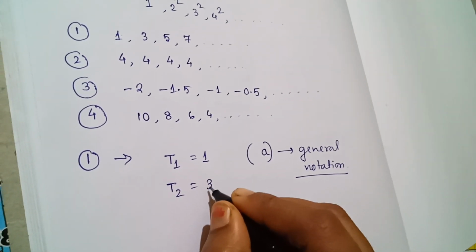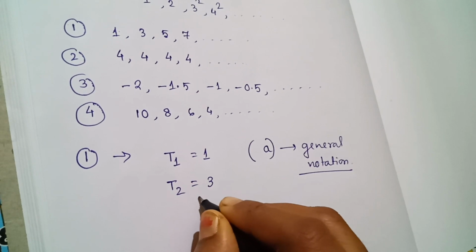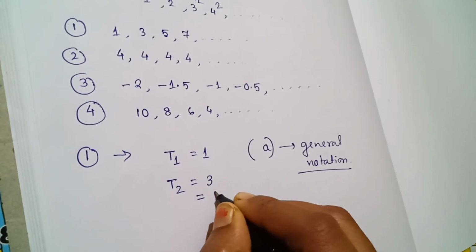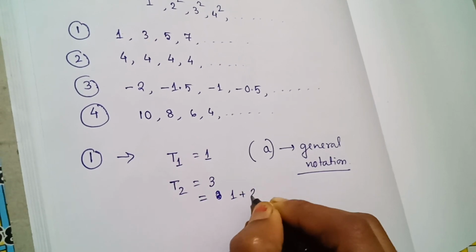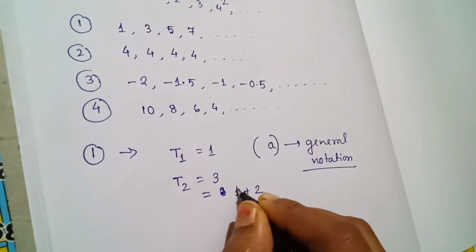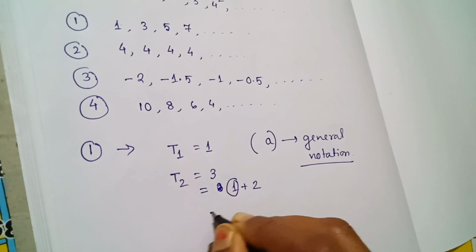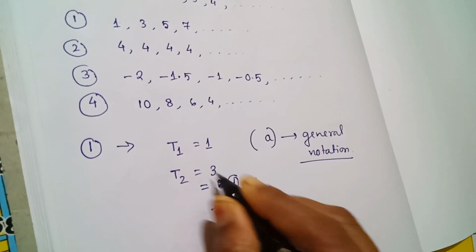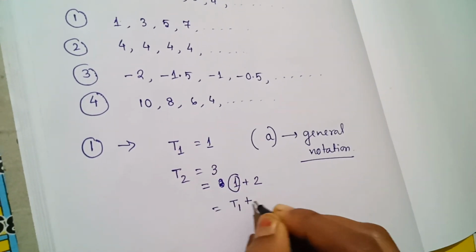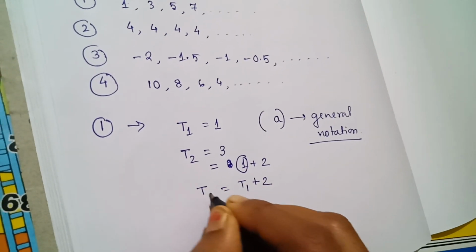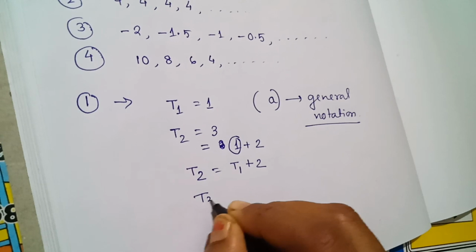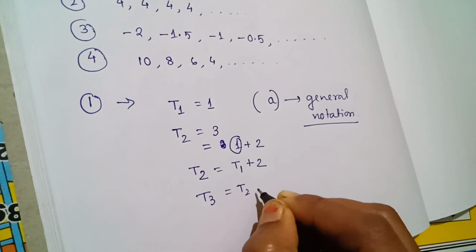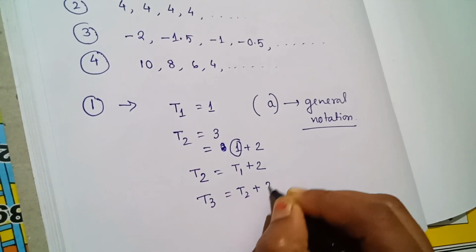Now this 3, how can we write it? We can write it as 1 plus 2, right? Now this 1 I am writing as T1, because T1 is 1. So ultimately we are getting T2 equals T1 plus 2. Then T3 equals T2 plus 2.